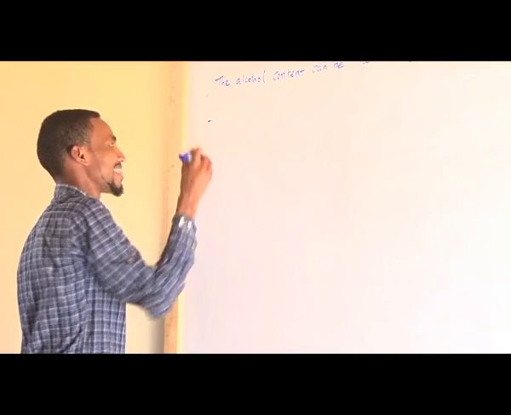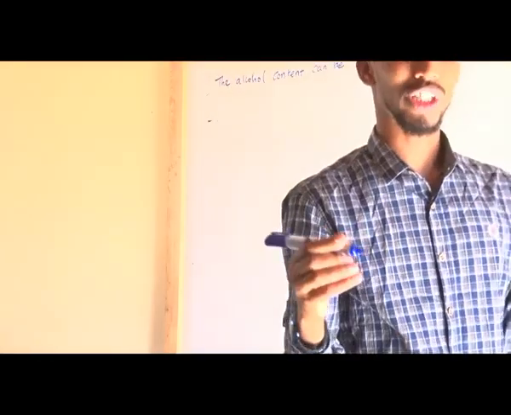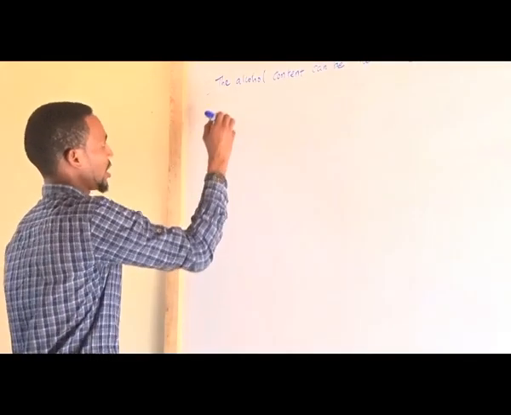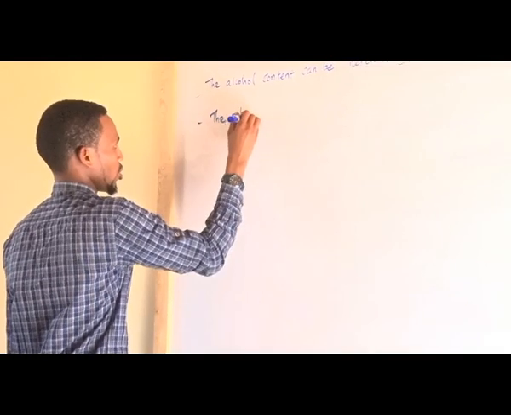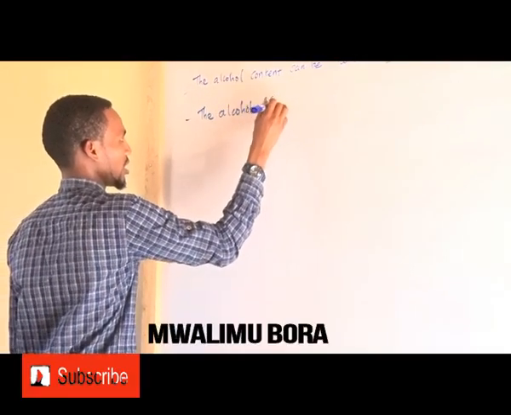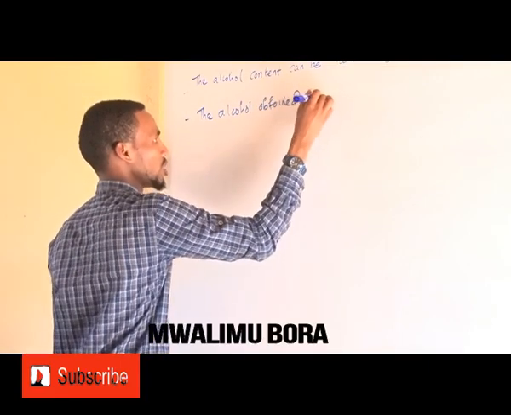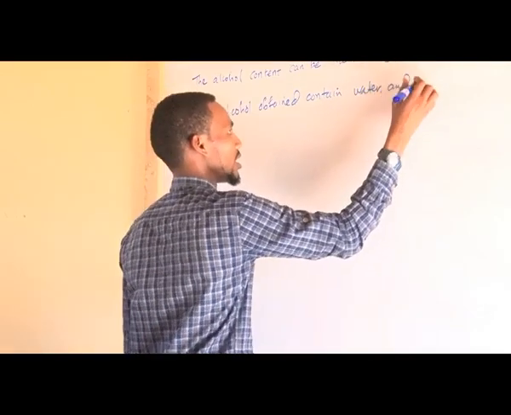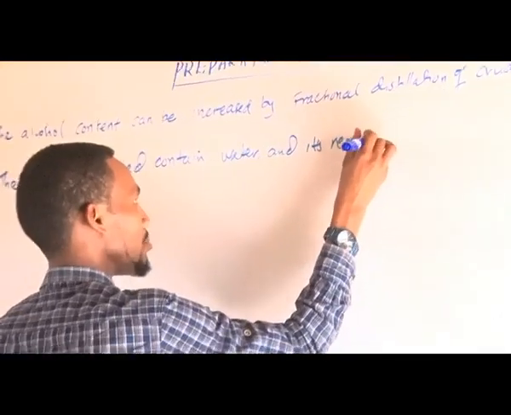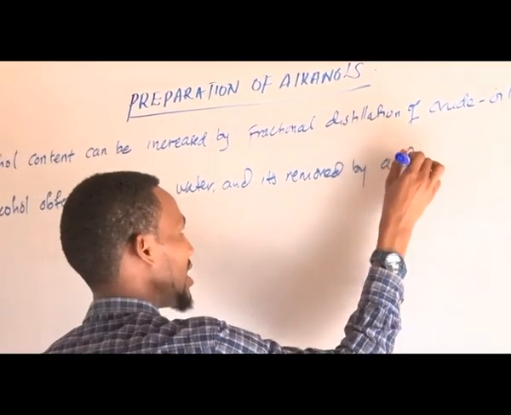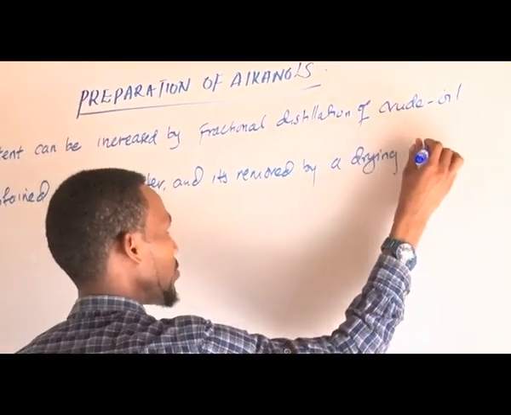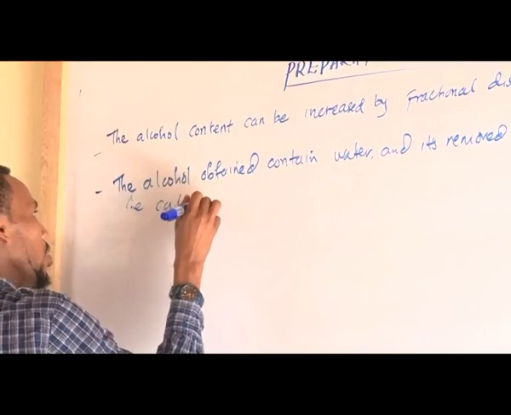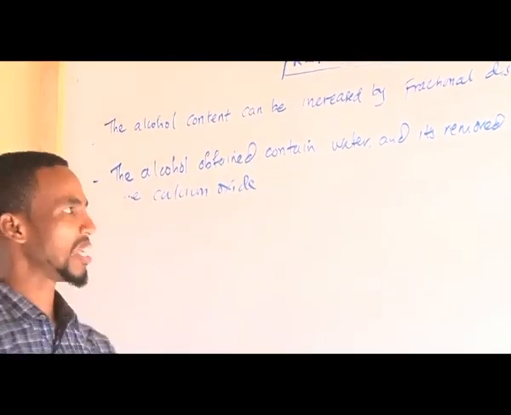Now, the ethanol produced has got water. Yes, the alcohol obtained, the ethanol produced contains water, and it is removed by a drying agent. That drying agent is calcium oxide. So calcium oxide is added to dry.